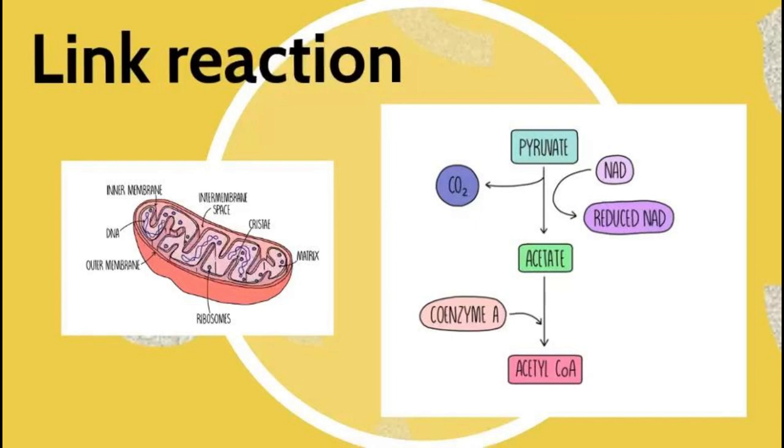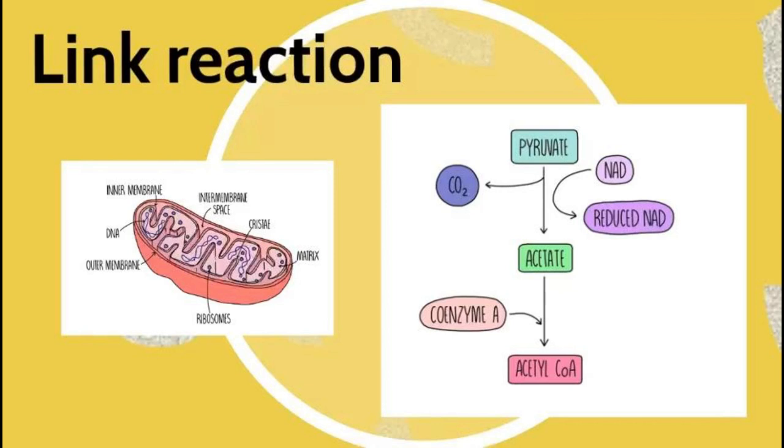It does not produce any energy in the form of ATP, but it does produce a reduced NAD and acetyl-CoA, as I just said, that 2 carbon molecule. Reduced NAD will be used up again in the oxidative phosphorylation, while the acetyl-CoA is going to be used in the next stage. So let's look at it step by step.